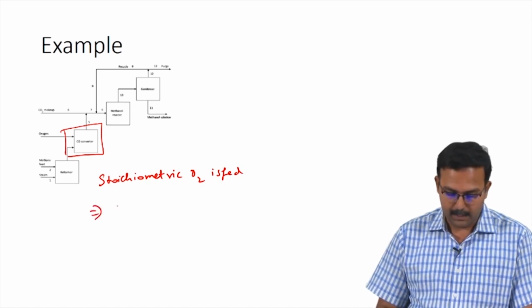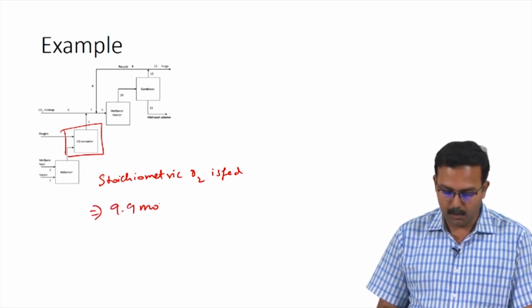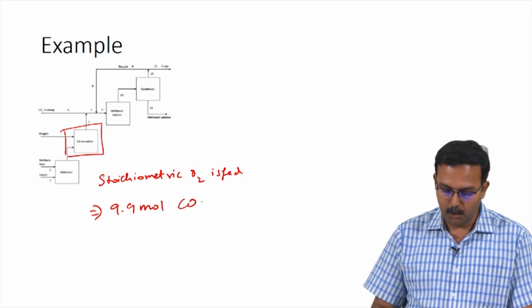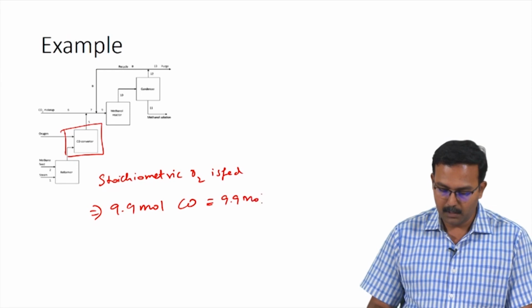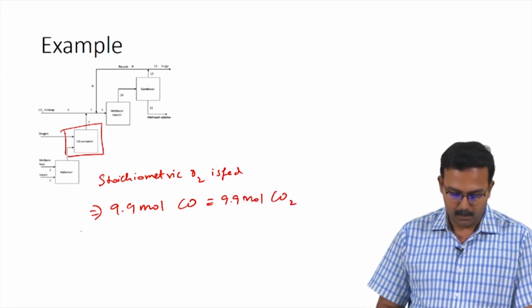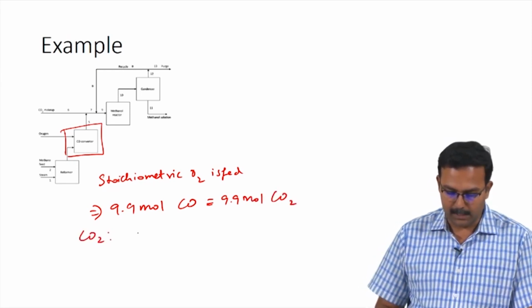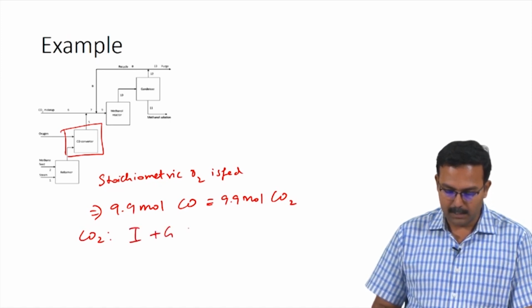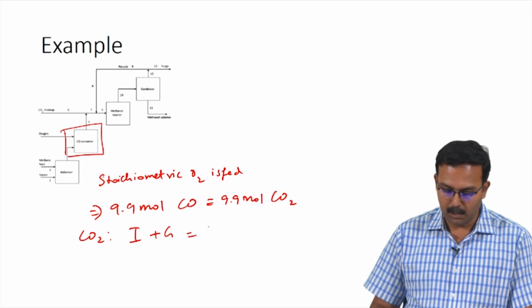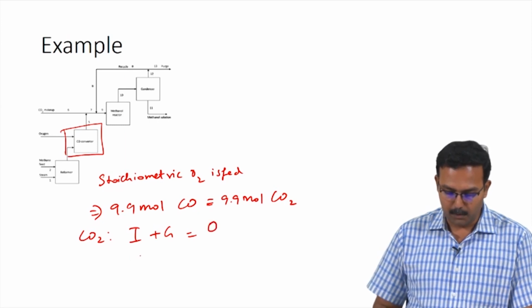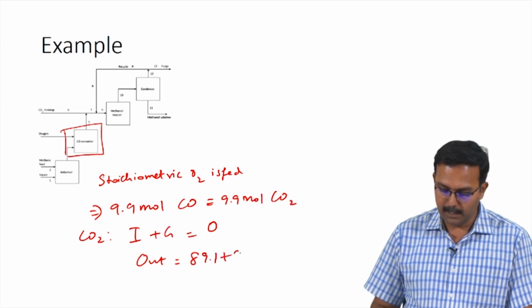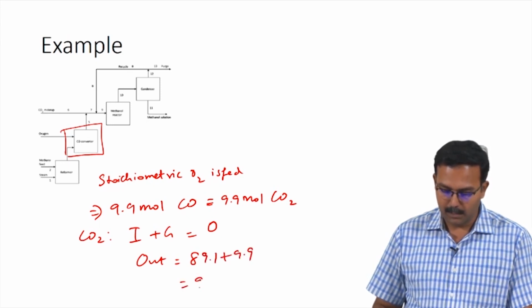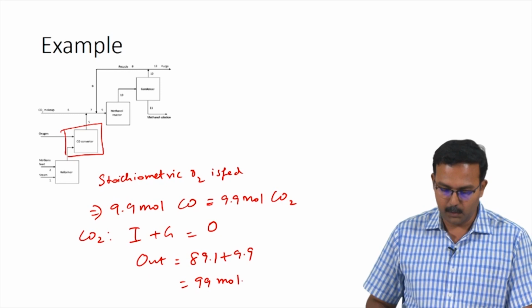This implies the 9.9 moles of carbon monoxide gets converted to form 9.9 moles of carbon dioxide. If we were to write a carbon dioxide balance, we would have input plus generation equal to output. So, the output would be 89.1 plus 9.9 giving you 99 moles of CO2 leaving.